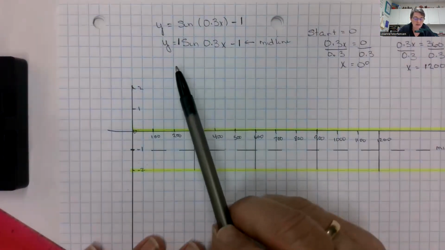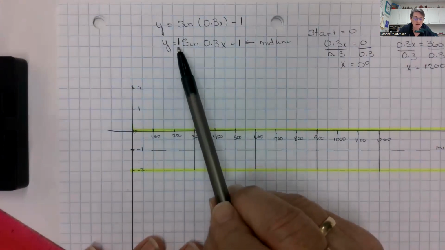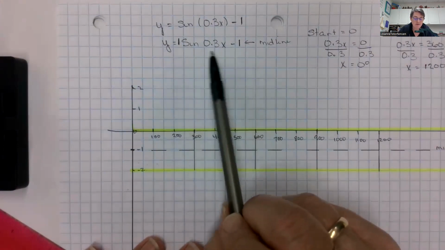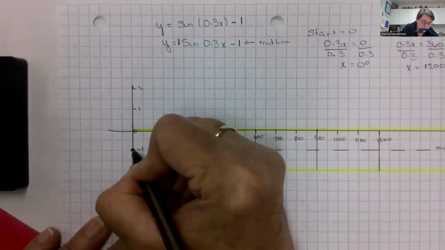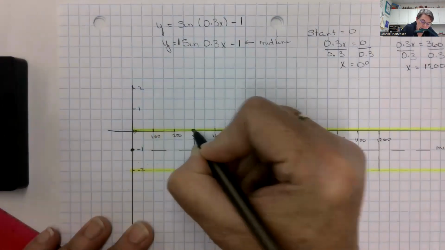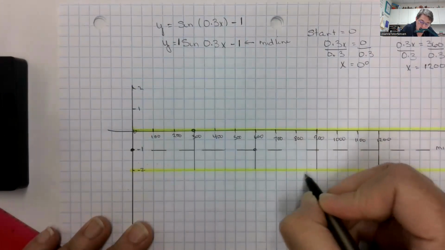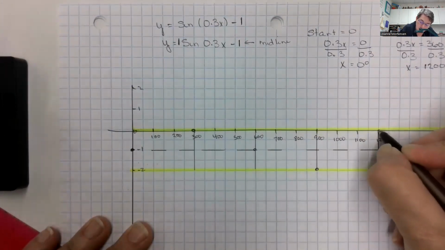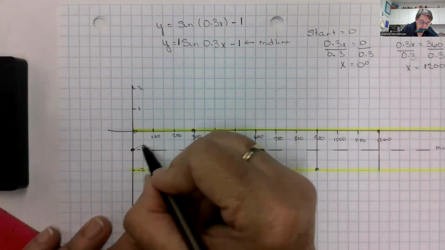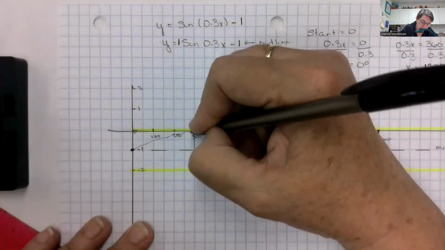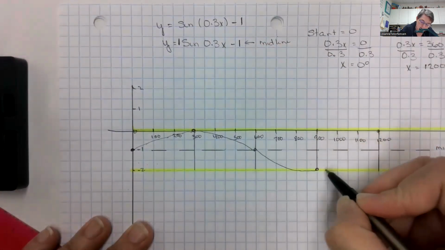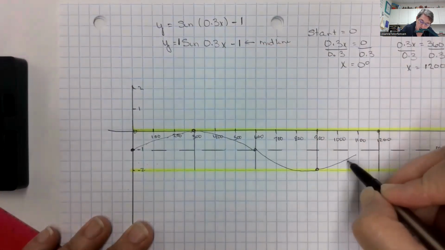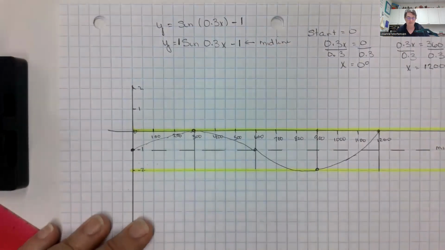All right, let's see now. I'm going to just have a regular curve because A is positive. So start here, go up, middle, down, back. There we go.